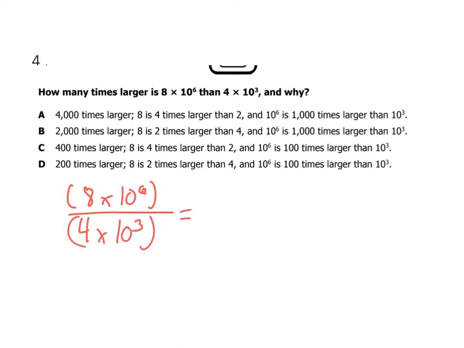When you put that in your calculator in scientific notation, you get 2 times 10 to the 3rd. And we know that 2 times 10 to the 3rd equals 2,000. So your answer is going to be B, 2,000 times larger. 8 is 2 times larger than 4, and 10 to the 6th is 1,000 times larger than 10 to the 3rd.